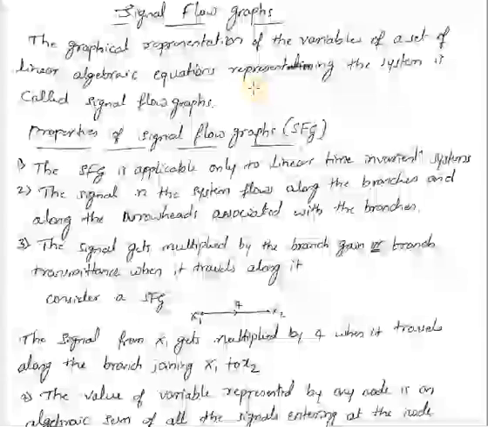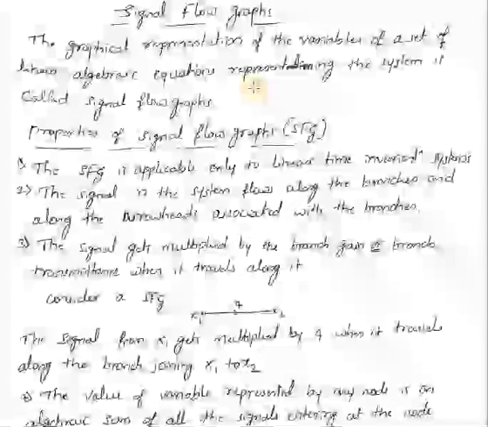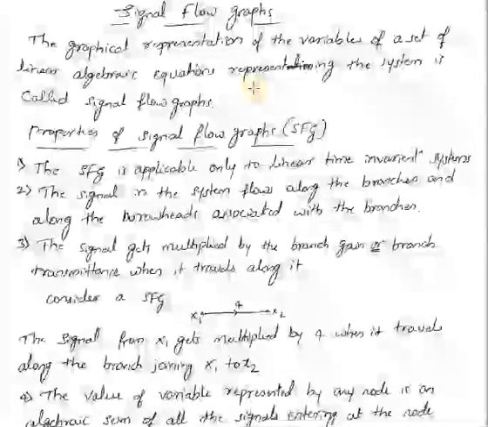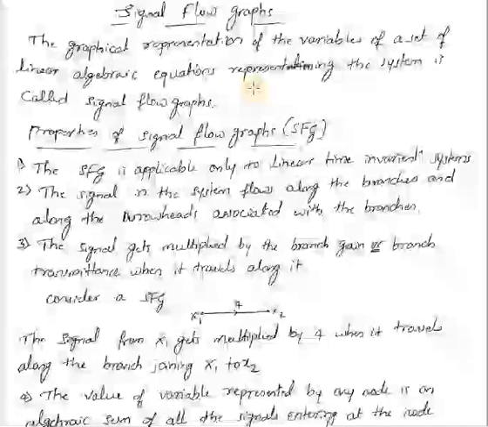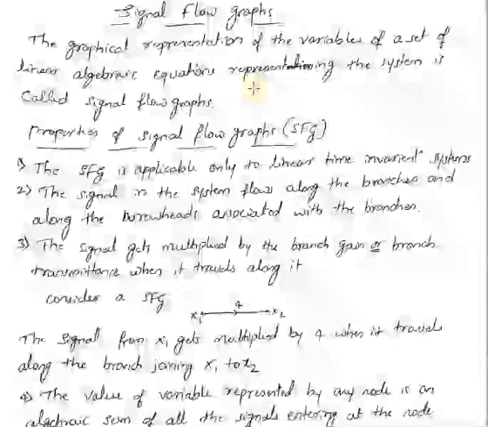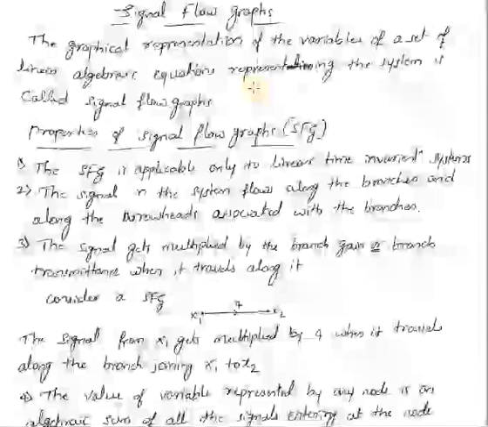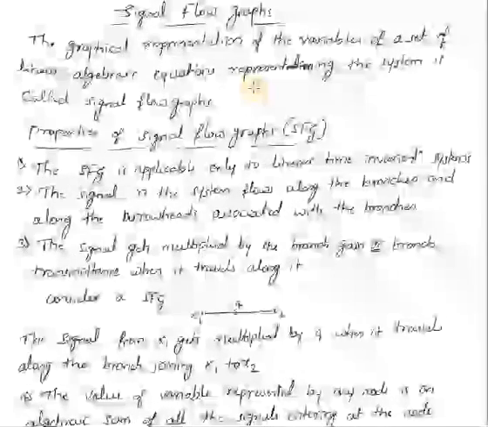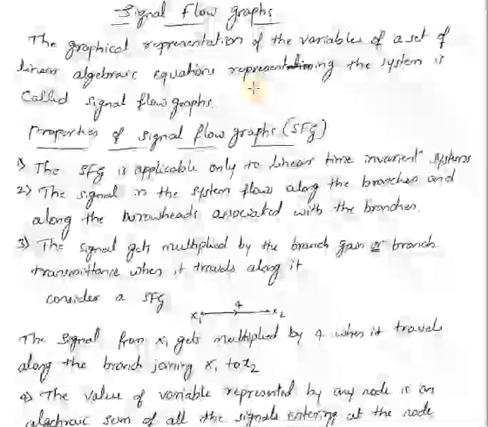It is like your block diagram only. In the case of a block diagram, the set of differential equations is used to build the block diagram. Here similarly, instead of blocks we are going to use signals to represent the system.